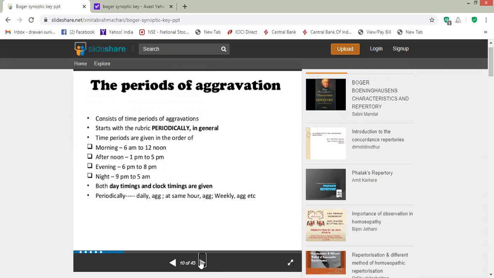Then both day timings and clock timings are also given, meaning morning, afternoon, evening, night.